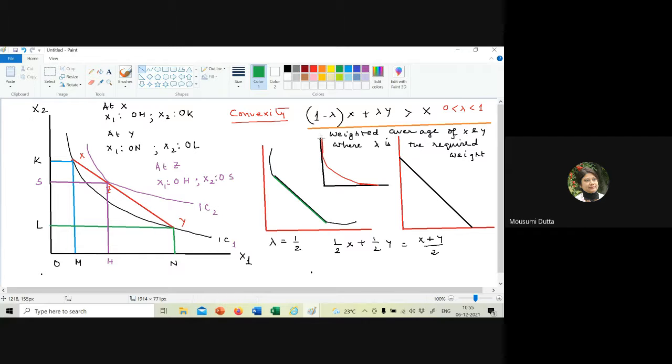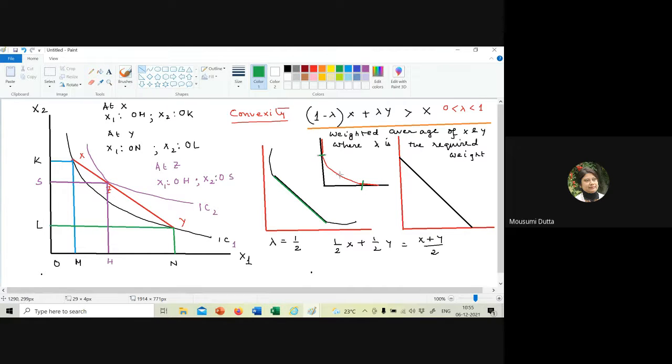Or it may happen that the curve is strictly convex here, however it is cutting the axis at this point and at this point. This means the rest of the parts of the axes become part of the indifference curve.